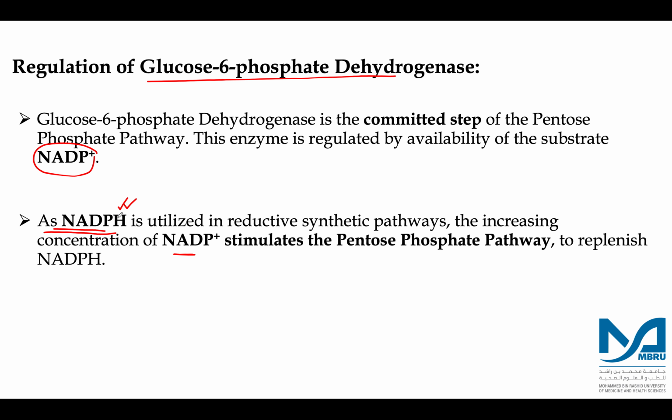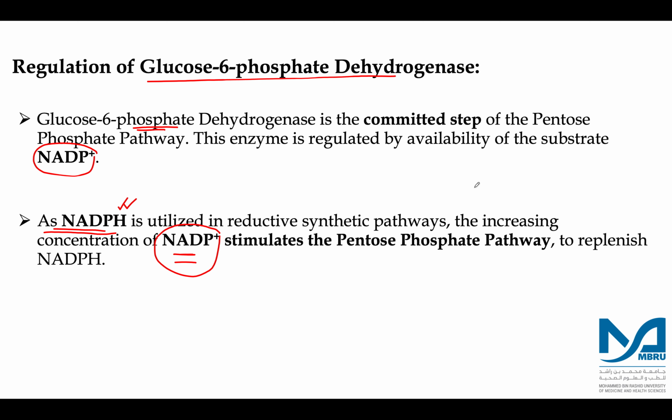So NADPH will be utilized in the synthetic processes or the pathways, and as NADPH is utilized, it will be converted to NADP. These increased concentrations of NADP will stimulate the pathway by allosterically activating glucose 6-phosphate dehydrogenase. Very simple regulatory mechanism.